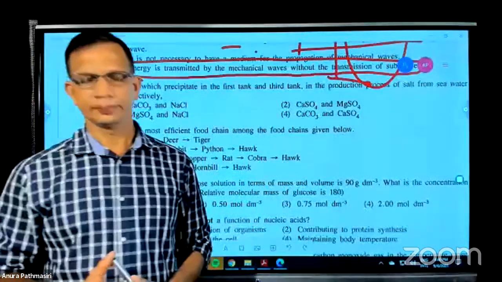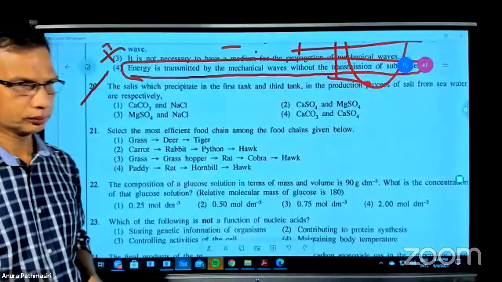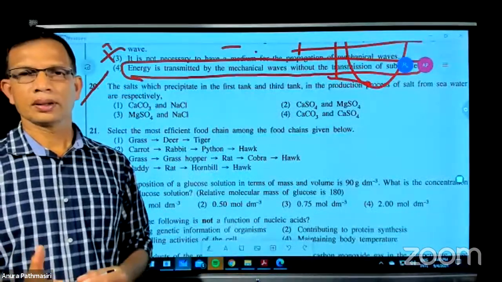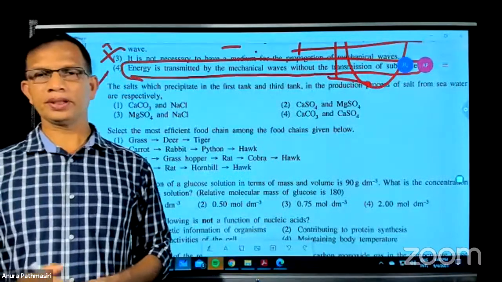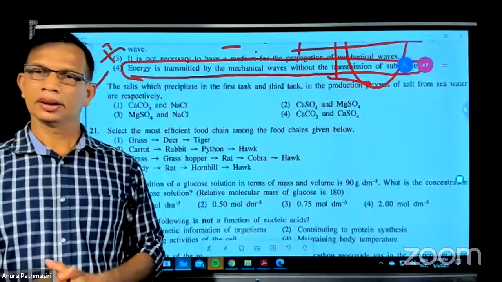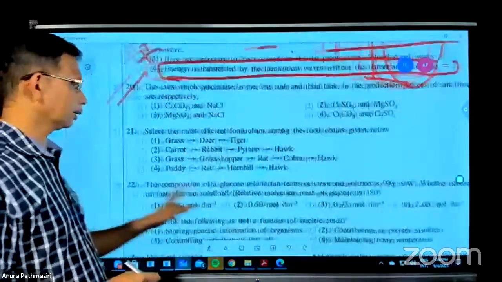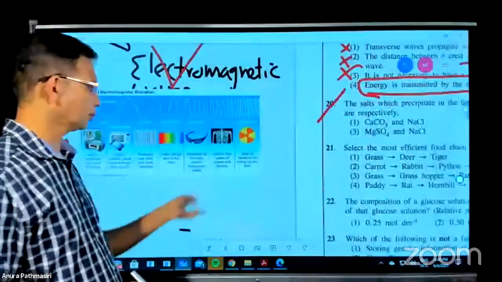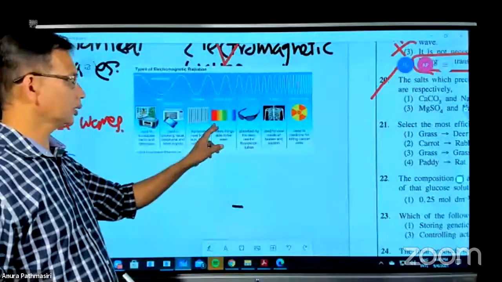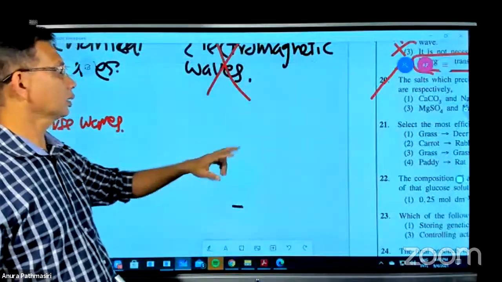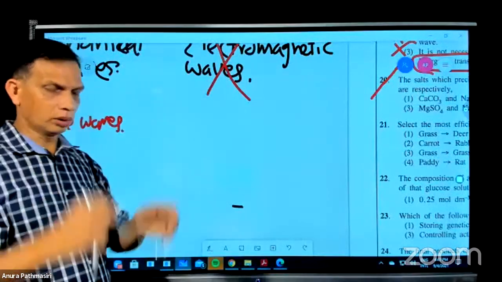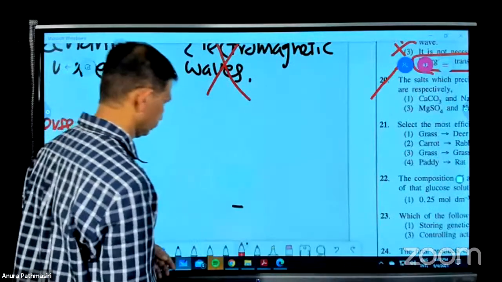So what are they? I don't know, I can't remember. I just ask your help to find out the tanks and the things deposited there. How many tanks are there?